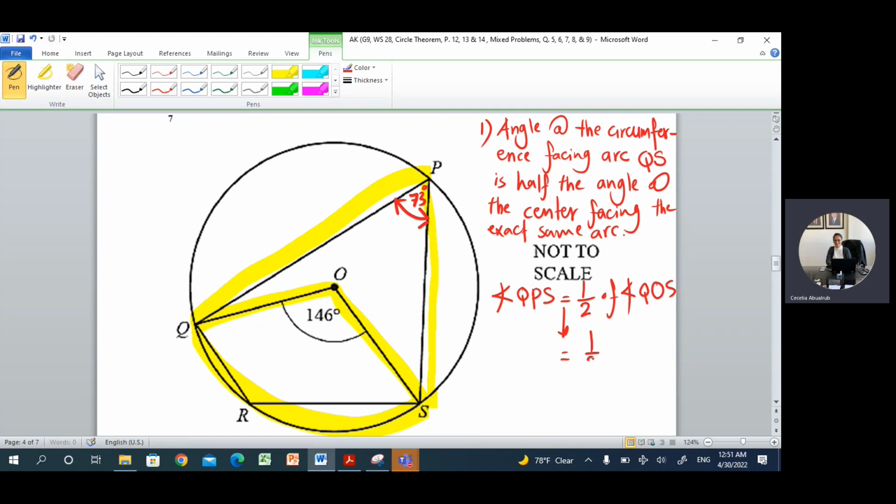So half of 146, the answer is 73 degrees.